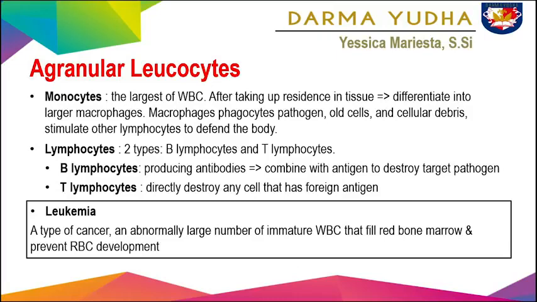The T lymphocytes directly destroy any cells that have foreign antigens. There is also a disease called leukemia. Leukemia is a type of cancer with an abnormally large number of immature white blood cells that fill the red bone marrow and prevent the red blood cells from developing.